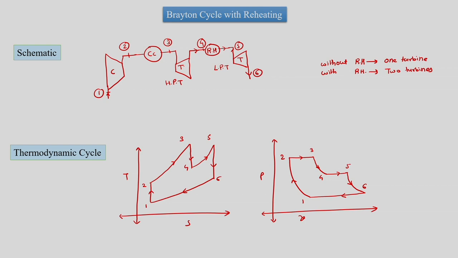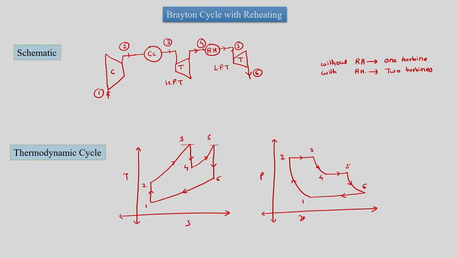Further, one should know one more thing: the reheater is heating the gas or air, and the temperature at the exit of the reheater in general would be the same as the temperature at the exit of the combustion chamber, unless otherwise prescribed or required. T5 could be different from T3, but otherwise T5 is equal to T3.